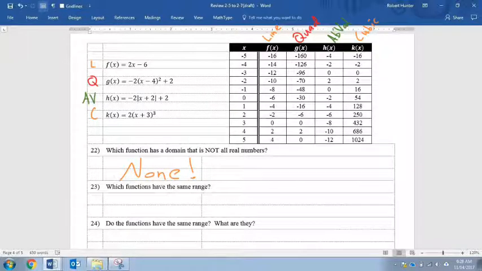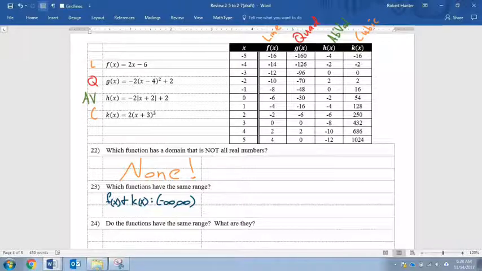Okay, that one's going to be a little trickier, so you need to find the range of all these. So the linear and the cubic, just glance at those real quick and you realize, oh, those are both all real numbers. So f of x and k of x are both all real numbers.